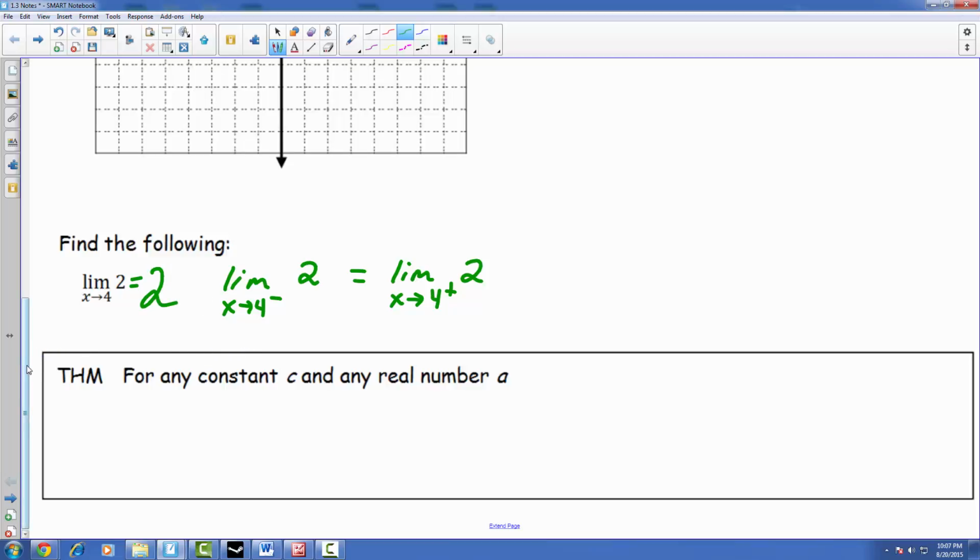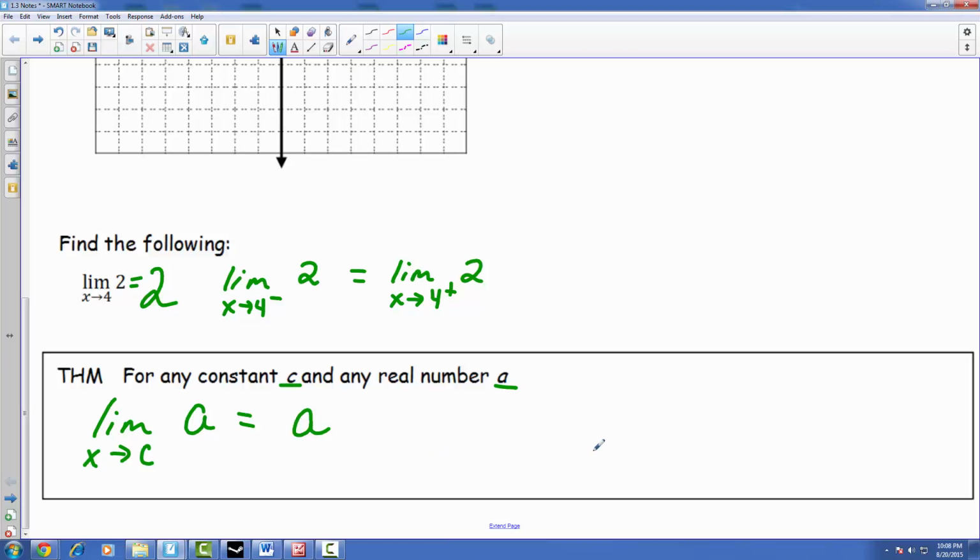Now this paves the way really well for our theorem, which asks for any constant c and any real number a. As long as we have the limit as x approaches some constant number a, and a just happens to be a real number, then we end up with just the actual value a.